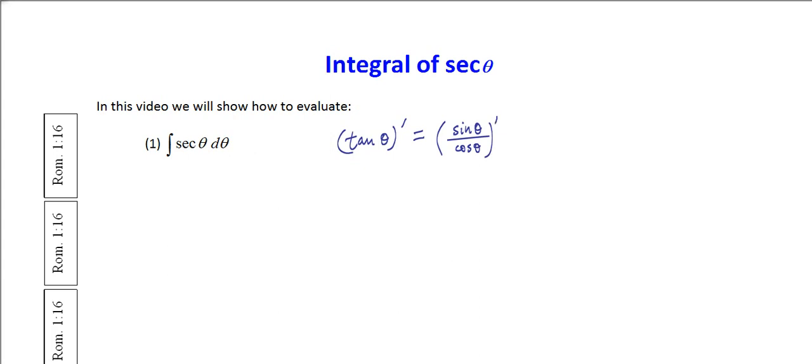And speaking of the quotient, we are going to use the quotient rule that you've probably learned in calculus, which essentially says that the derivative of u over v is u prime times v minus v prime times u, all over v squared.